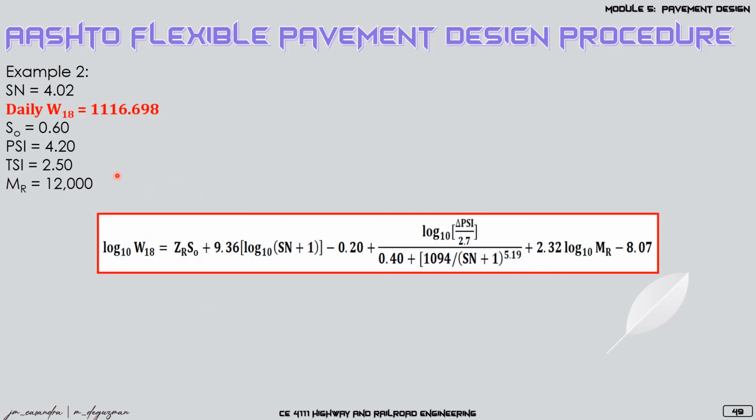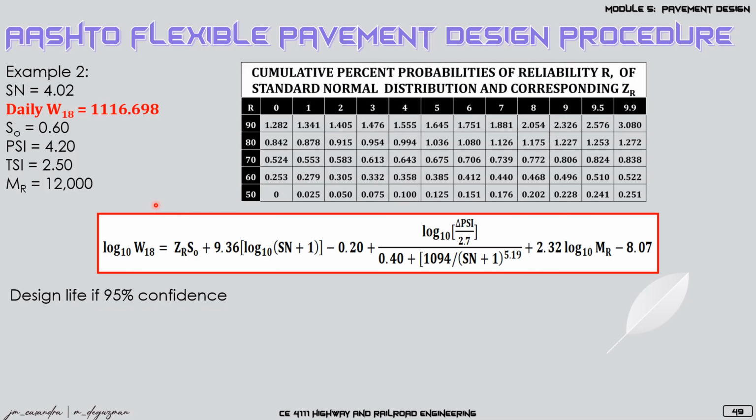So we use this equation to solve now for the design W18. Substitute the values. If the design reliability is 95%, so we are 95% confident in our design life, we now have a ZR of negative 1.645.